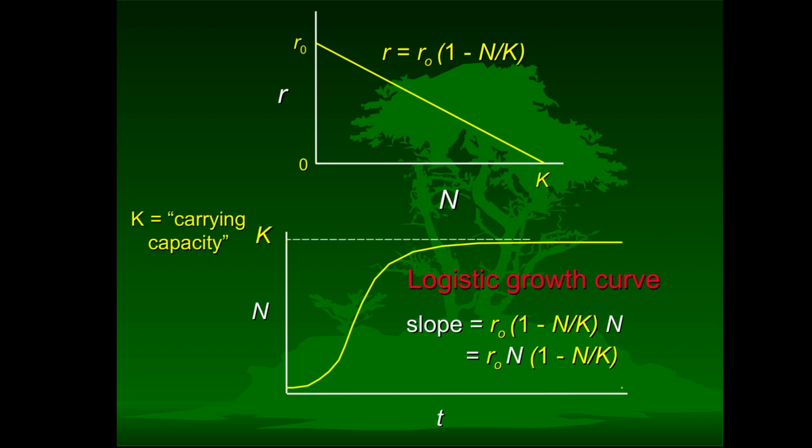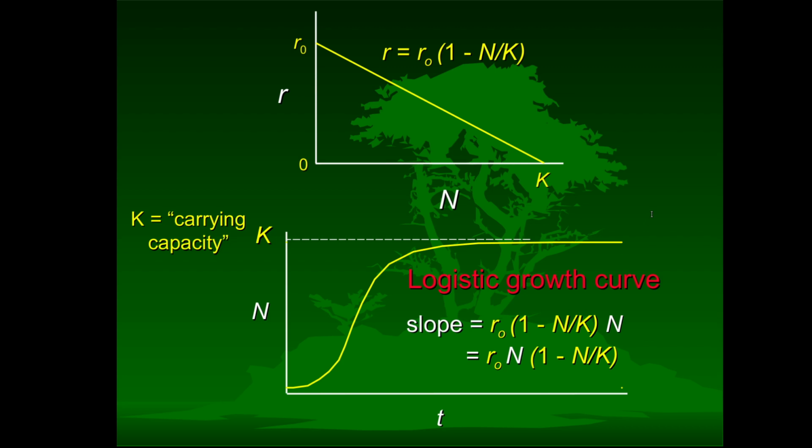All right, K is defined as the carrying capacity of the environment. It's the maximum size that the population is capable of maintaining. That maximum size, K, is determined by the growth rate of the population. It's the size where the growth rate drops to 0, and the population can no longer increase.